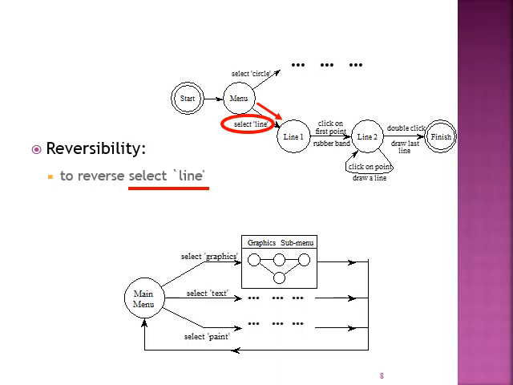This allows users to explore the system without the constant fear of failure. When a user knows that errors can be easily undone, this encourages exploration of unfamiliar options.